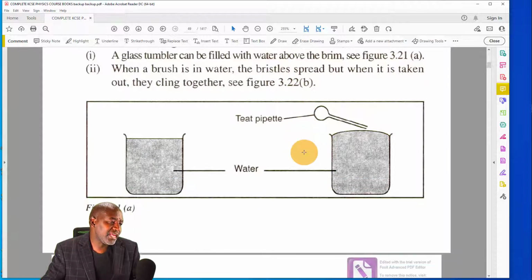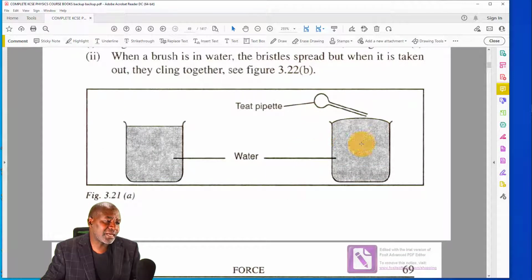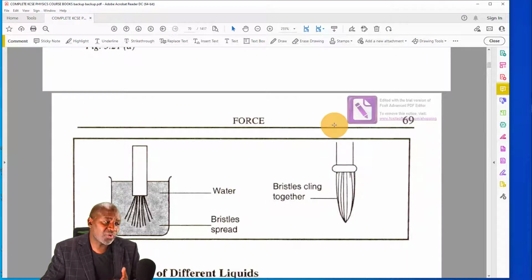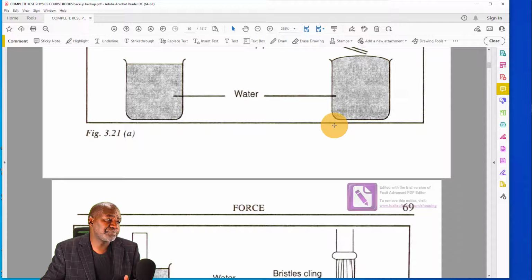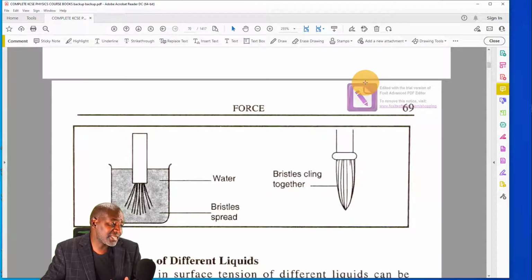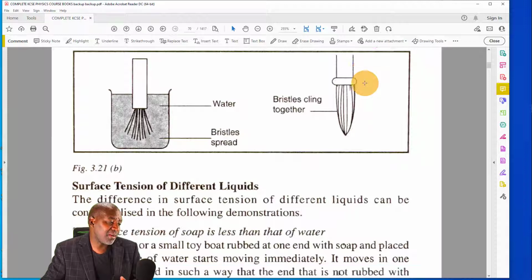And then finally, there is the glass tumbler. Fill it all the way to the top, almost to the brim, and you'll be able to see that the surface of the water actually forms something like this. Then you can do several things like drop a soap solution on it and see exactly what happens.